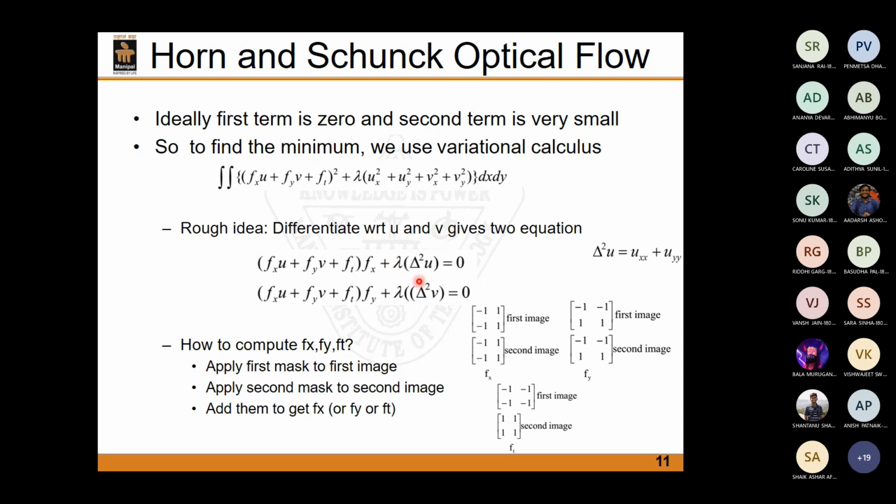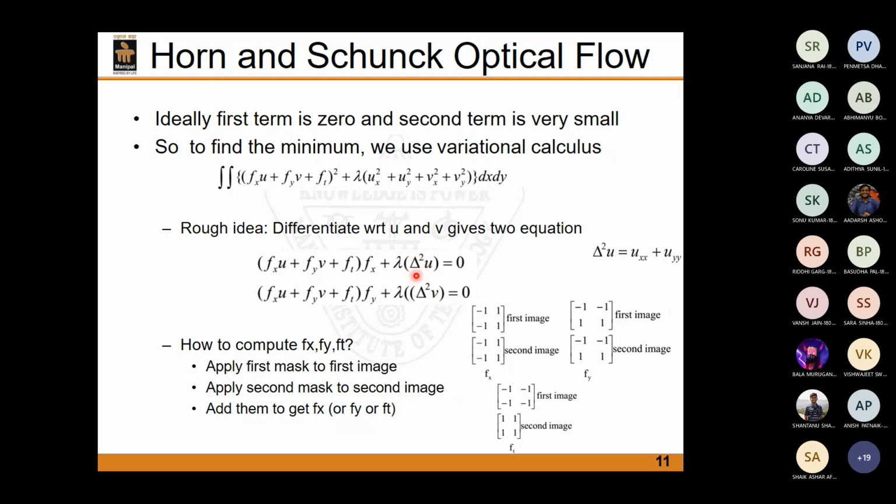It's just a weighing factor. Then you have del square u and del square v, which are the double derivatives, equivalent to taking the Laplacian operator of the u vector in the first equation and the v vector in the second equation.